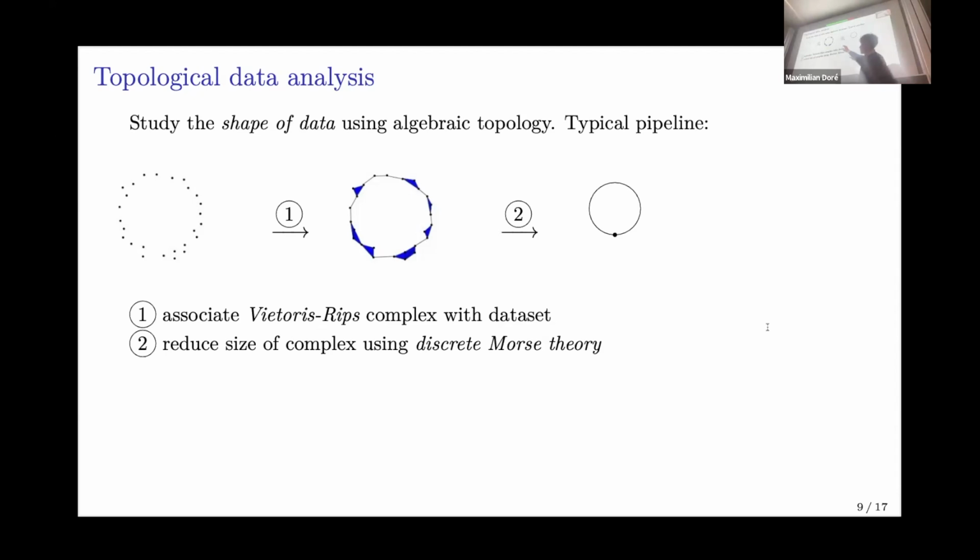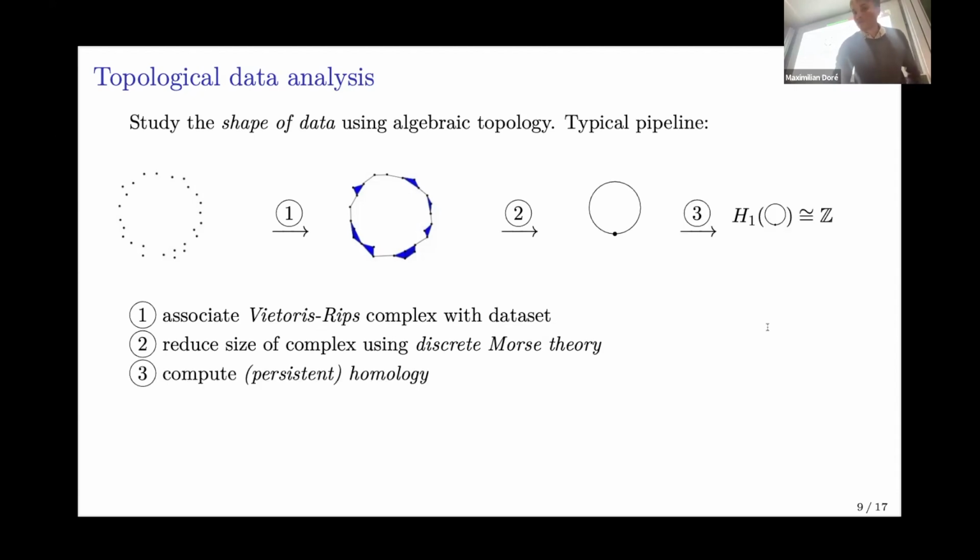Here we would be able to collapse all the cells apart from a one-dimensional and a zero-dimensional cell, which really captures the topological features of this Vietoris-Rips complex. We can then very cheaply compute, for instance, the first homology group to see that what we were given in the beginning was really forming a circle.